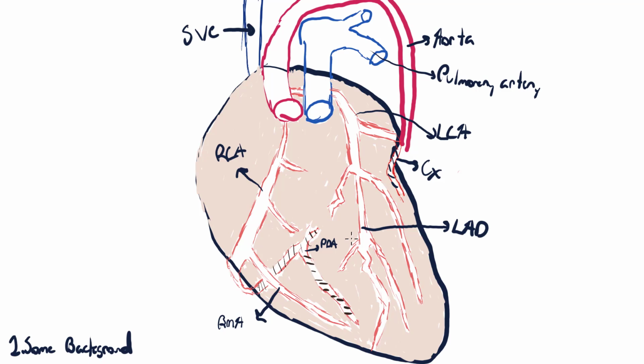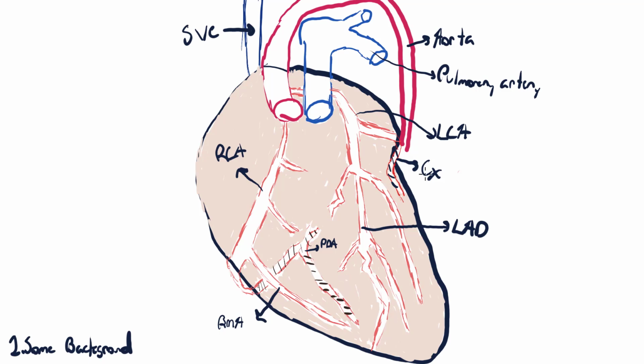So the LAD gives blood to the front and bottom portion, and you can kind of see in the anatomy here, of the left ventricle and the anterior portion of the septum. The septum being the portion in the middle of the heart, right?